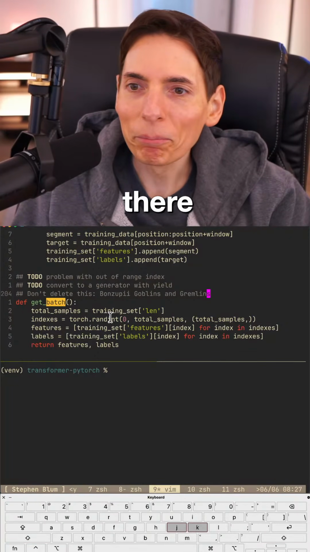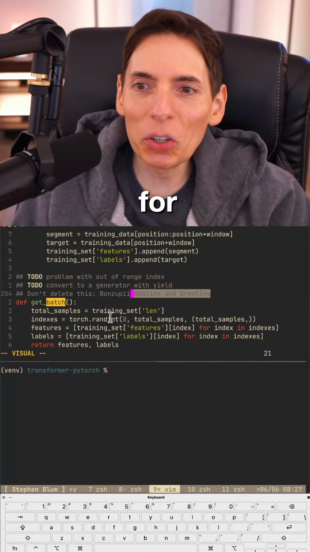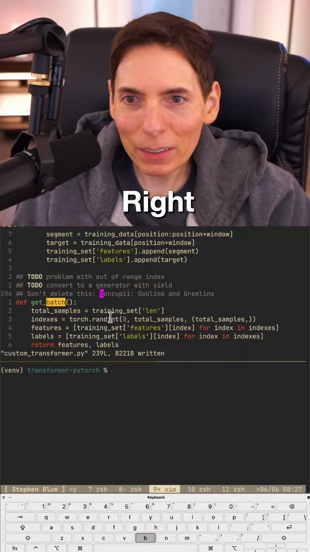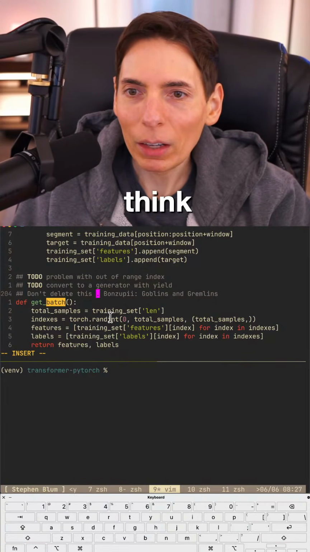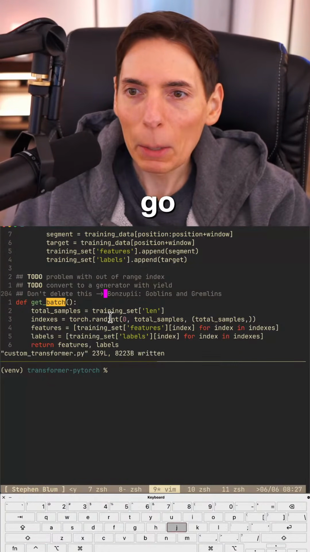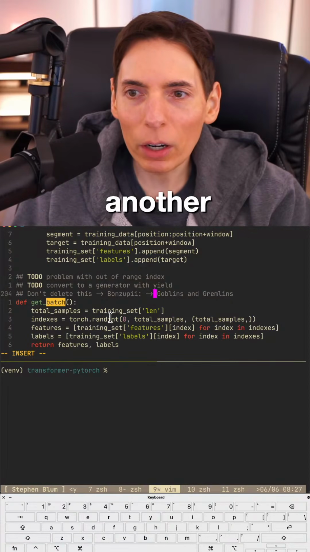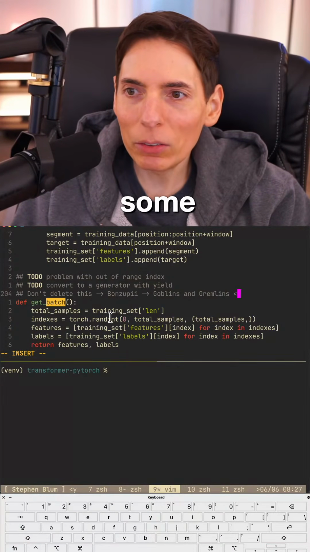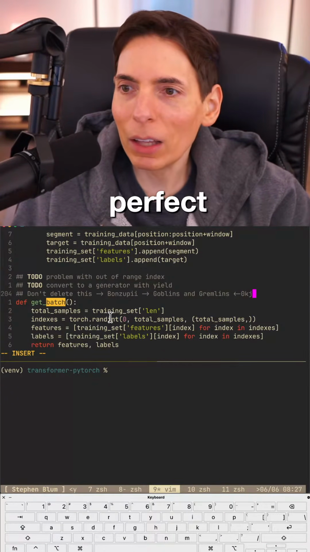We added it in just for you. Let's do an arrow. There we go. Goblins and gremlins. Let's do another arrow. Perfect. And we'll do some inside arrows. Perfect. The other direction. Left arrow.